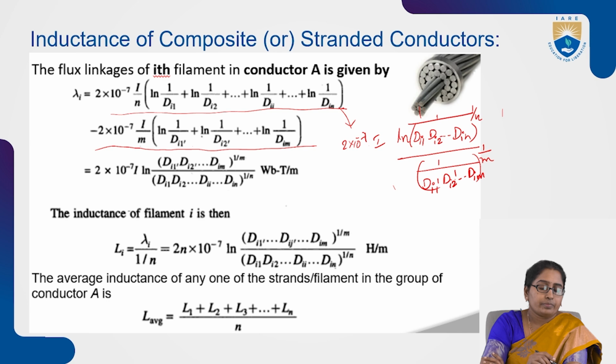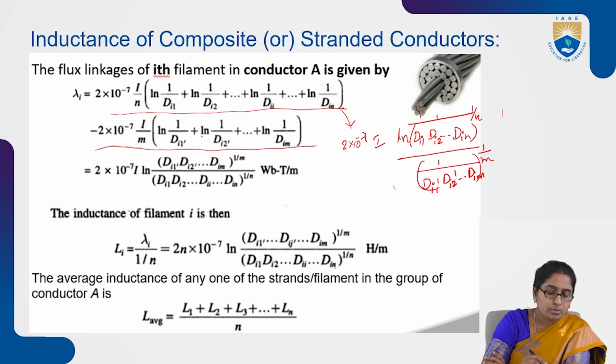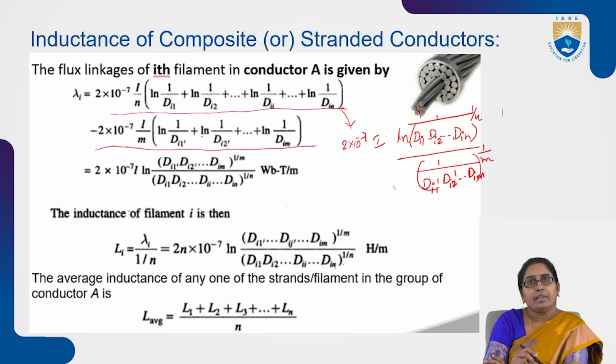Now the inductance of this ith element is given by, we know that, because it carries a current of I by n, psi by I by n. So what it will become, automatically I gets cancelled and in the above expression, this 1 by n comes to the numerator, 2n into 10 power minus 7 log of, so this log term remains as it is. So now this is the inductance for the ith element.